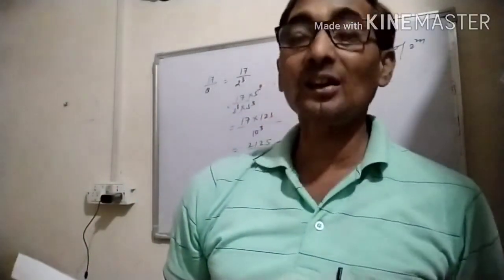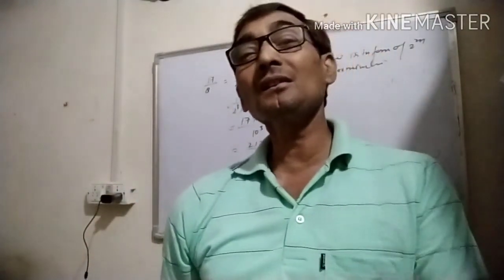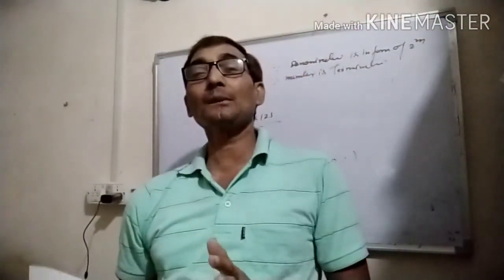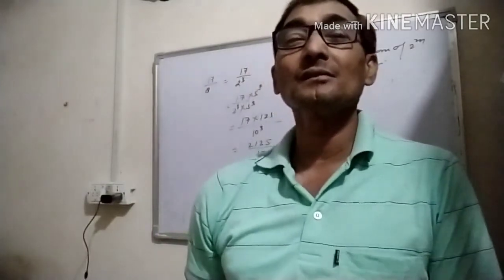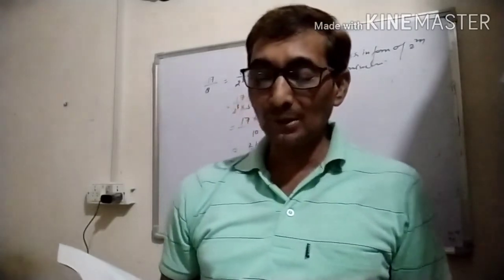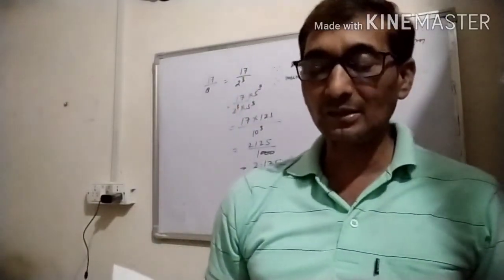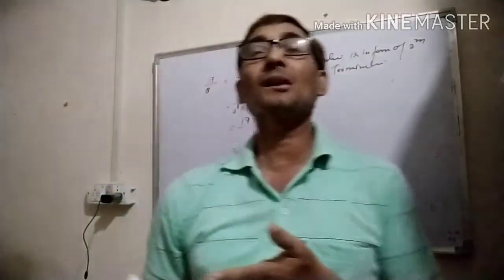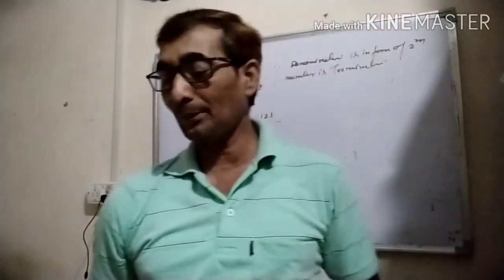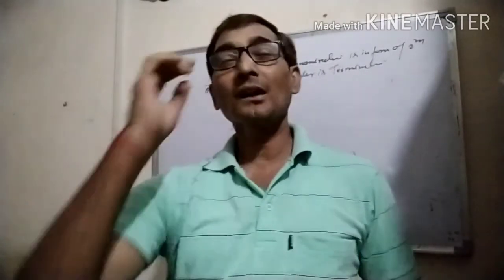Second is non-terminating, non-repeating number, therefore it cannot be converted to P upon Q, it is irrational. And third is 43.123456789 with a bar. That is, it is a repeating, recurring number. So it can be converted into the form of P upon Q and it is rational.